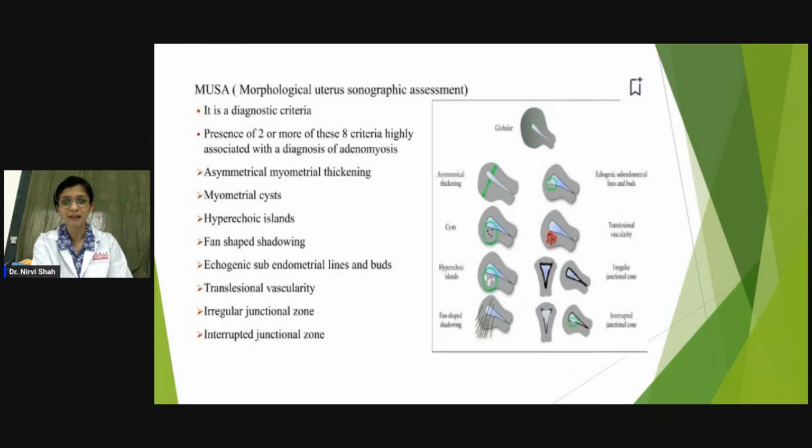There's increased vascularity in the myometrium. Also, there are these echogenic linear nodules which are seen. Also, the thickening of the transitional zone. So these are the 8 criteria, of which if 2 or more are present, then we consider it a diagnosis of adenomyosis. Okay.